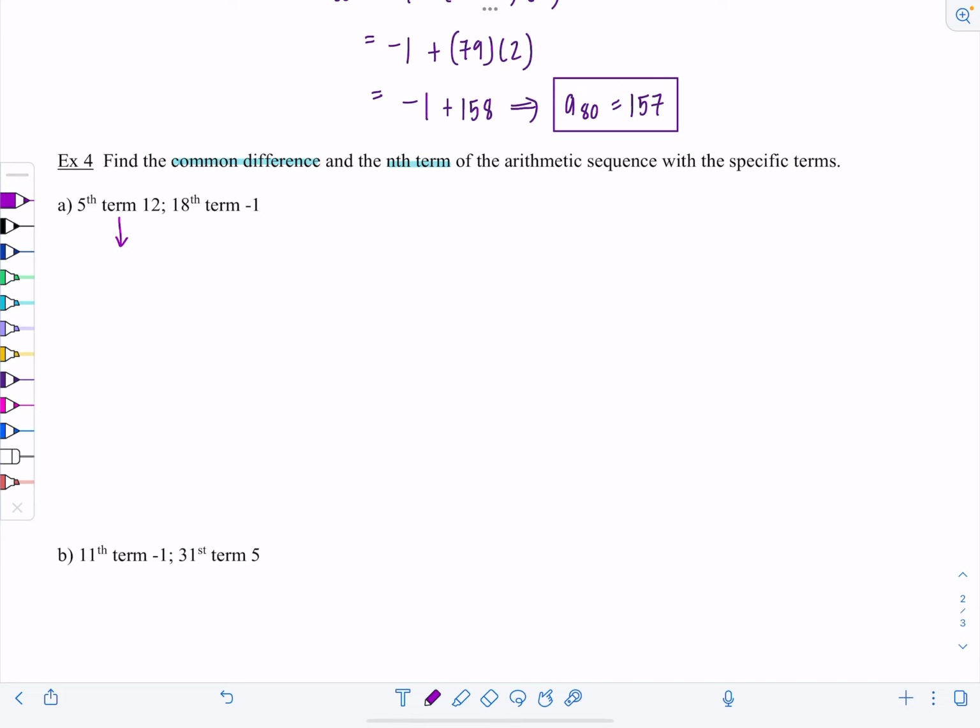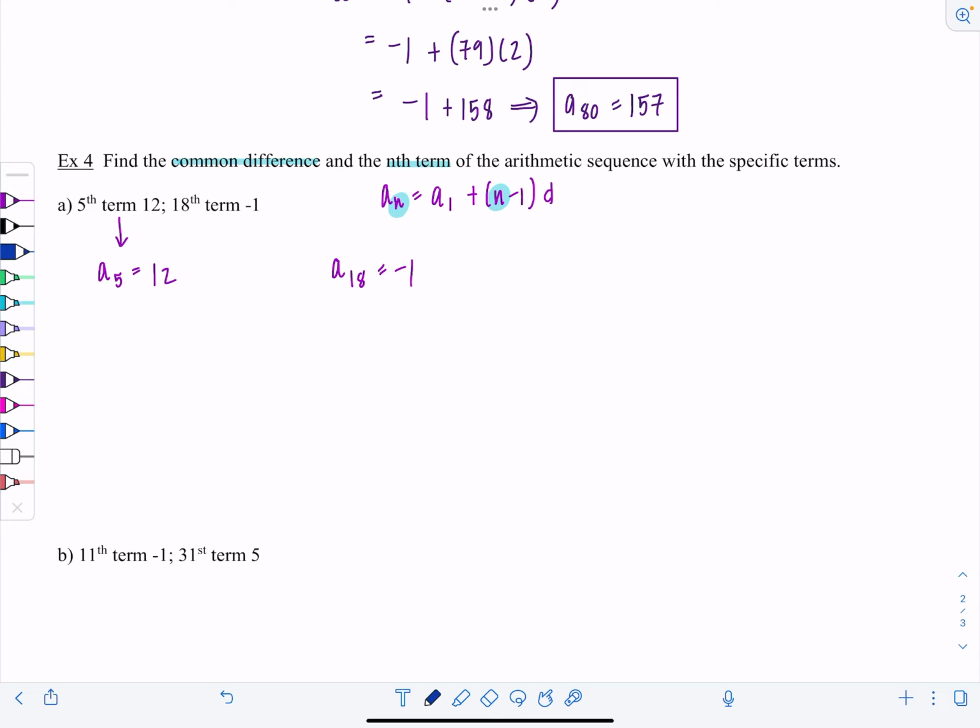That means a sub 5 is equal to 12. And then they also told me the 18th term is -1. So that means a sub 18 is -1. Now we know a sub n equals a1 plus n minus 1 times d. So, for example, if the 5th term is 12, that means n is 5.